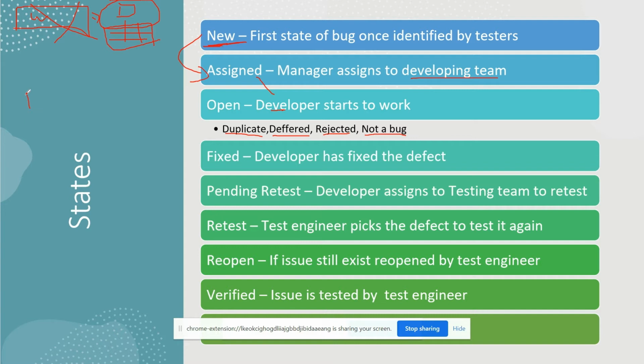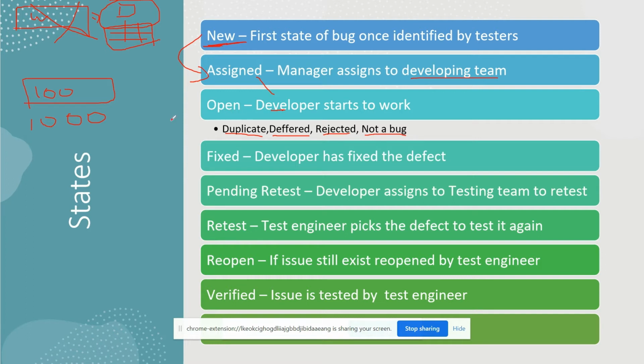Suppose there is a text box and you enter 100 values, and it takes 100 values. Next time you try to enter 1000 values. You feel that this should not allow 1000 values, and you make it a new bug and assign it to the developer.